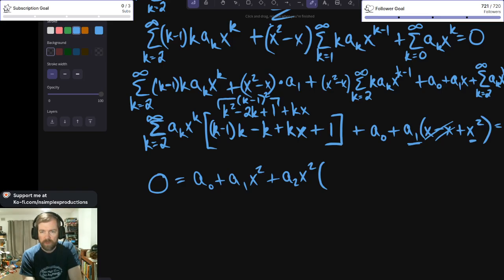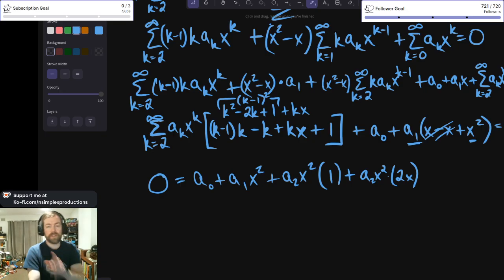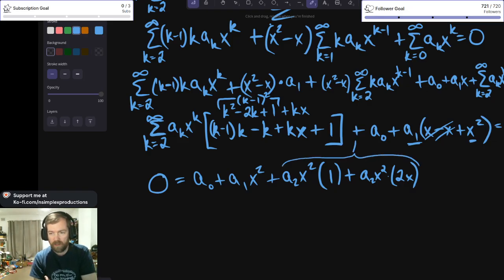So 2 minus 1 is 1, squared is 1, plus a sub 2 x squared times k, which is 2, times another x. So this is going to have an exponent of x cubed on this stuff right here. Then, when we go to k equals 3, okay, this stuff here is k equals 2.